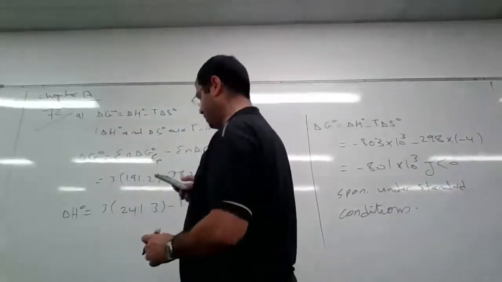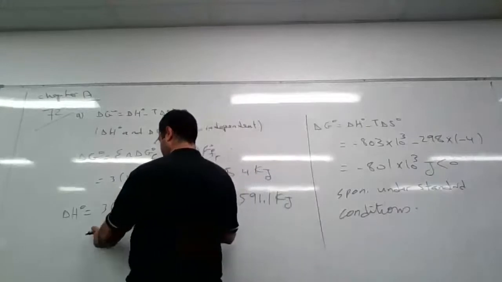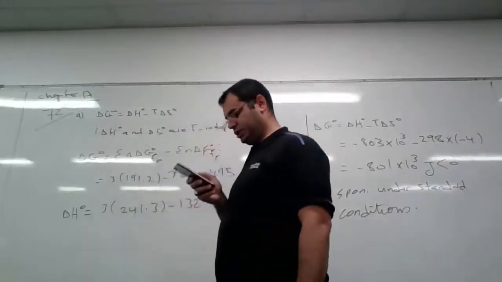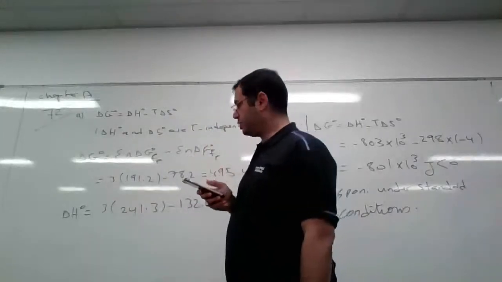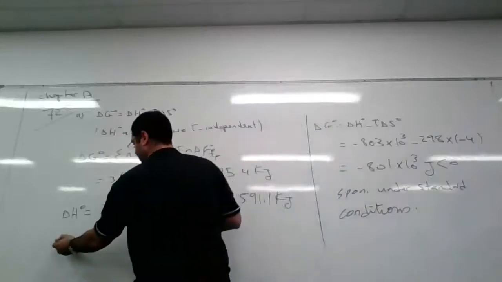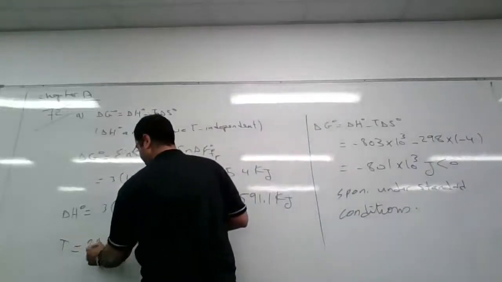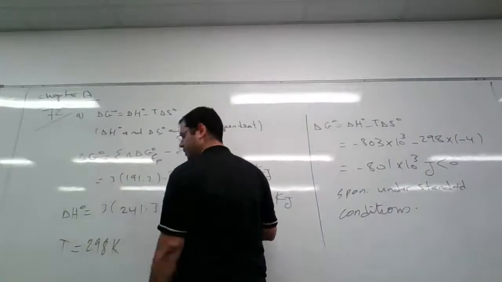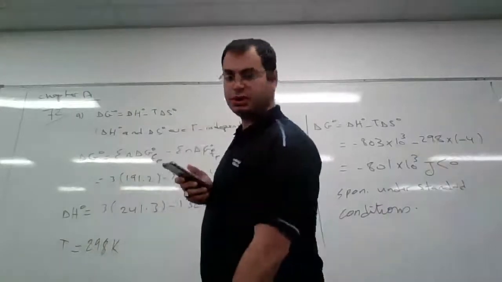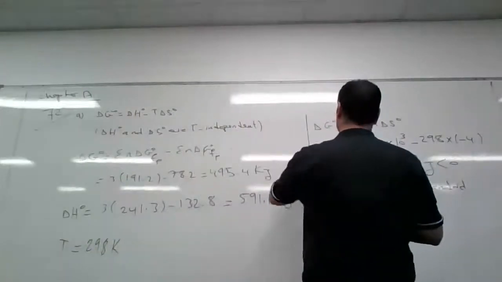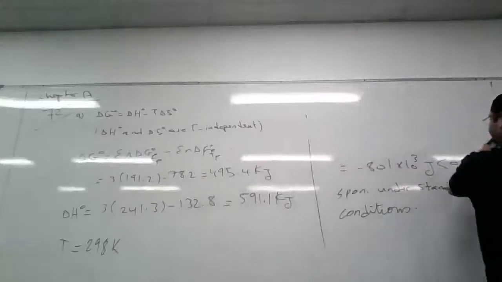So you have delta H and you have delta G. When you're working at standard conditions, what's the temperature for this exercise? If you read the question, 498 Kelvin. So what do you have to do now?